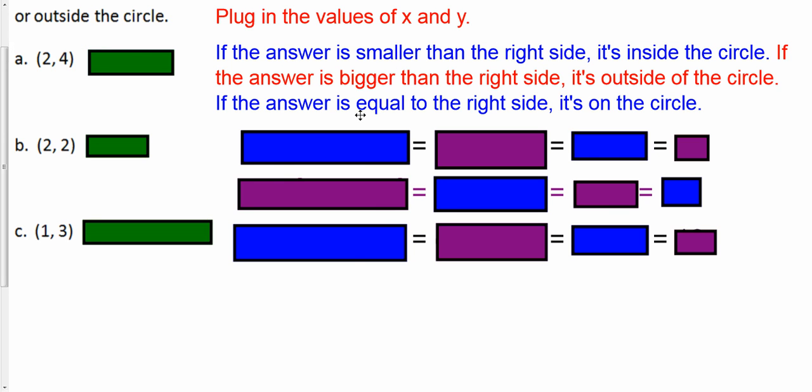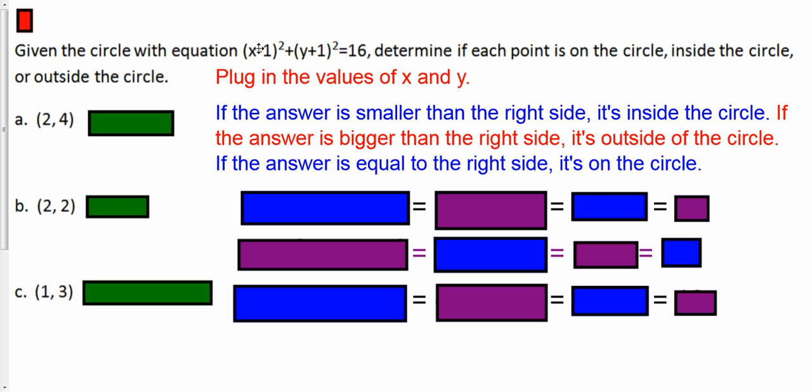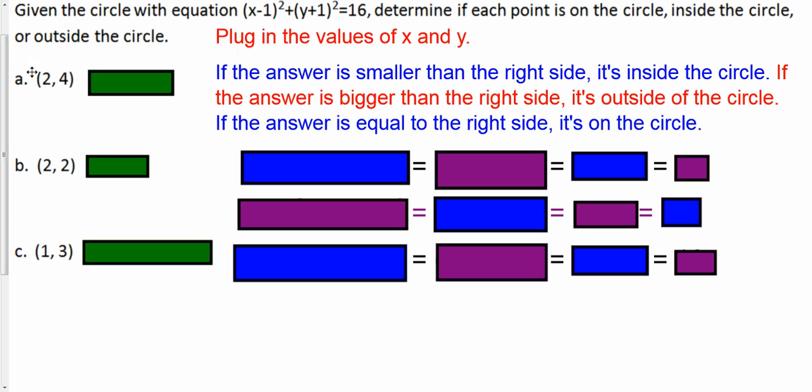If the answer would be bigger than the right side, so if we plugged things in here and we got a number that's bigger than 16, it would be going outside of the circle. Its distance would be further away from the center than the rest of the circle is. And if it's exactly equal, so if this plus this equals exactly 16, it's going to end up being right on that circle. So let's try our first one.